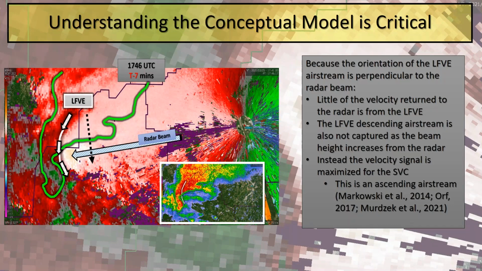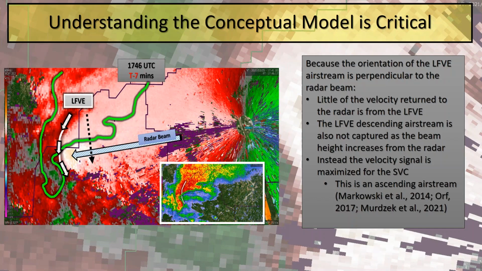Again, this is where understanding the conceptual model is important, because we're looking at that orientation of the LFVE being perpendicular to the radar beam. So as I mentioned, little of the velocity returned to the radar is from the LFVE, if in fact this airstream is oriented the way the research suggests it should be.